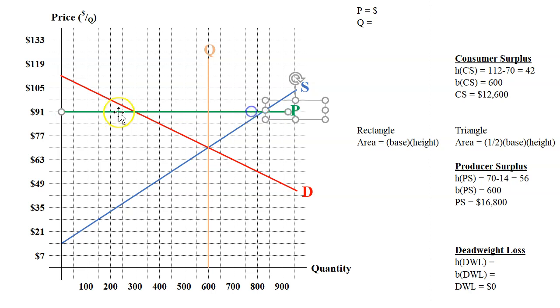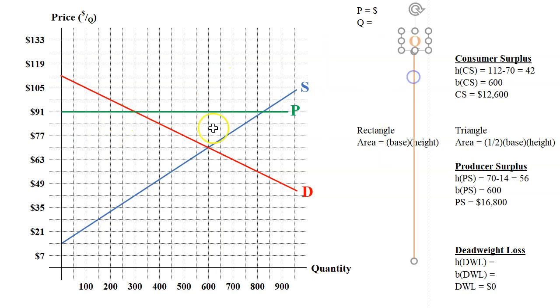So we're going to move the price line up here to 91. Well, if the price line is 91, let's move this quantity line out of the way for a minute. Suppliers are willing to supply all the way over here, which is somewhere above 800. I think it's maybe 860 or something like that, or 830 something.